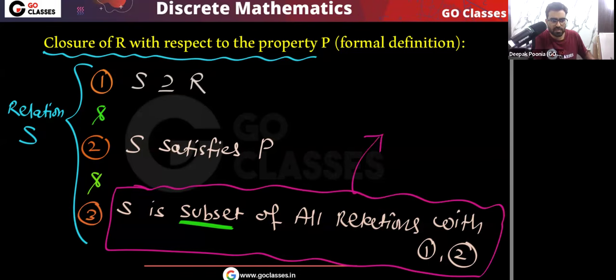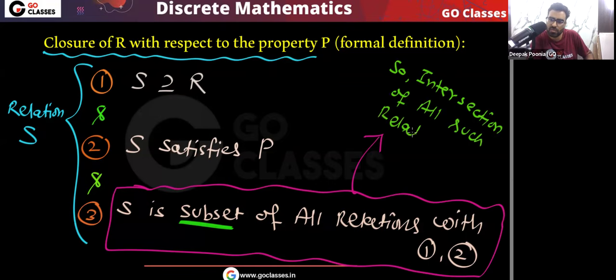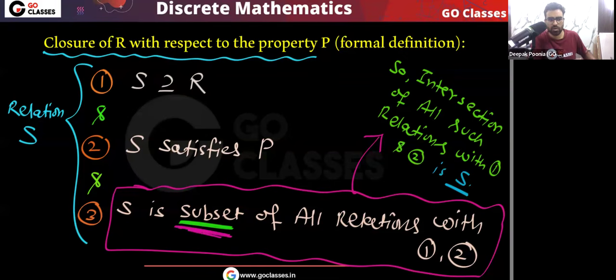So I can say, the intersection of all such relations with 1 comma 2, with 1 and 2, will be S. Okay, I hope you understood.